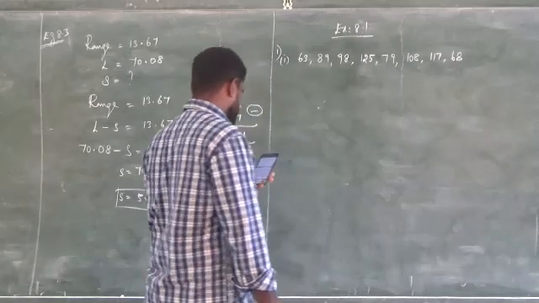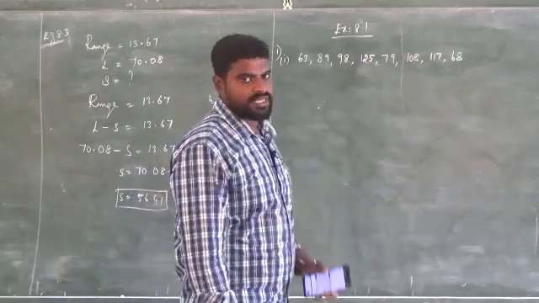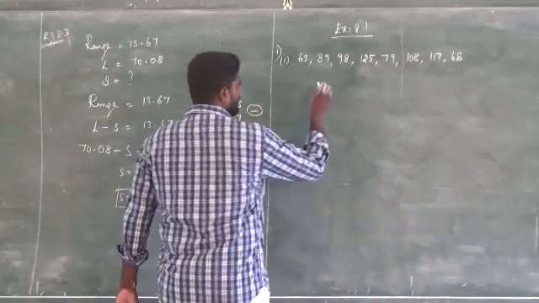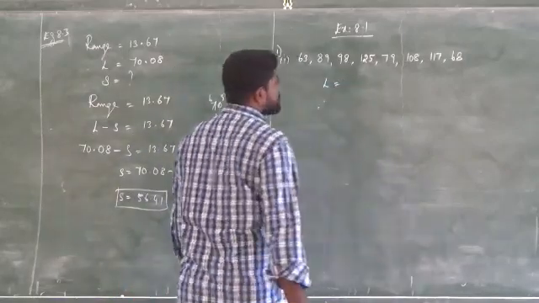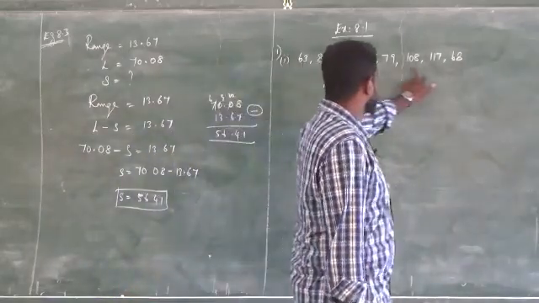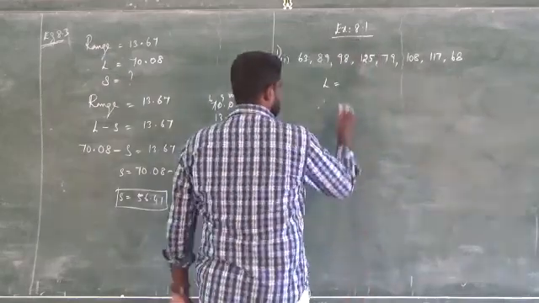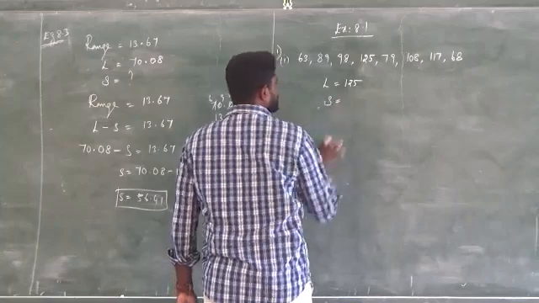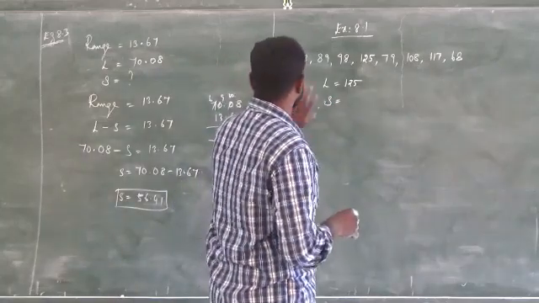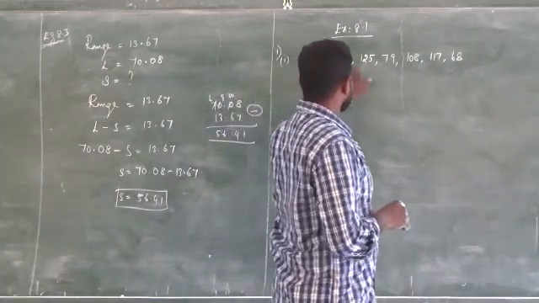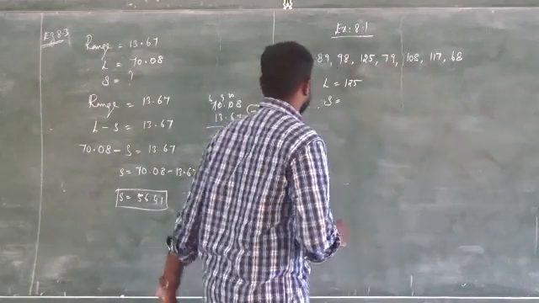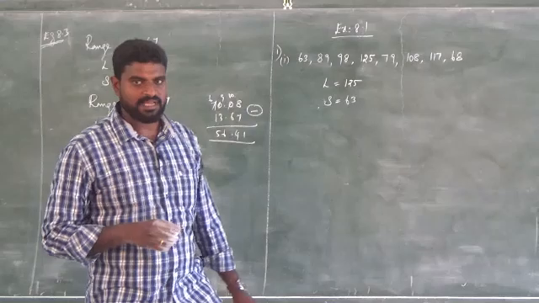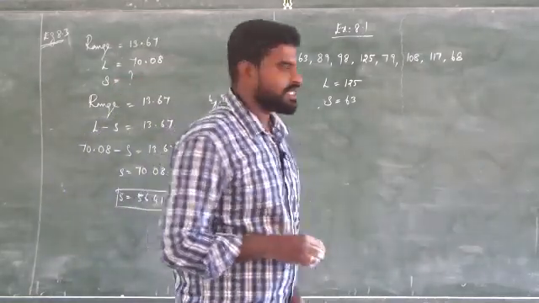So from the data we need to find the range and the coefficient of range. First, find the largest value. The largest value is 125, and the smallest value is 63. So from the given data, first we find the range.